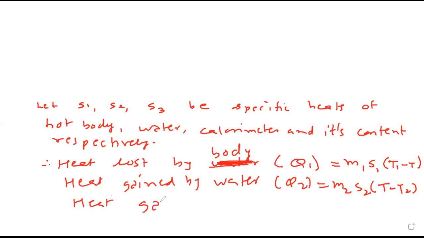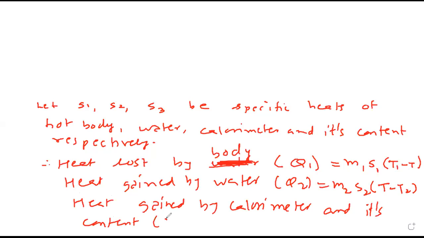Heat gained by calorimeter and its content, Q3, will be its mass m3, specific heat S3 into change in temperature T minus T3. In fact, calorimeter and water will be at the same temperature.